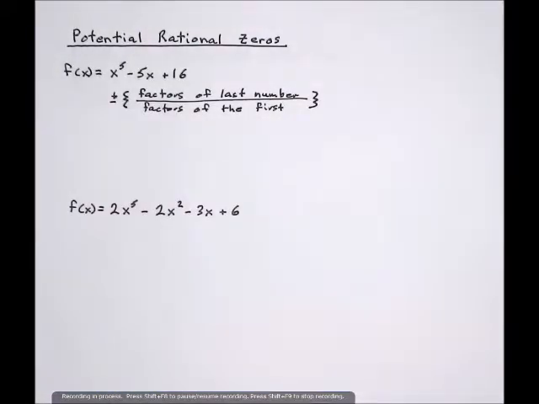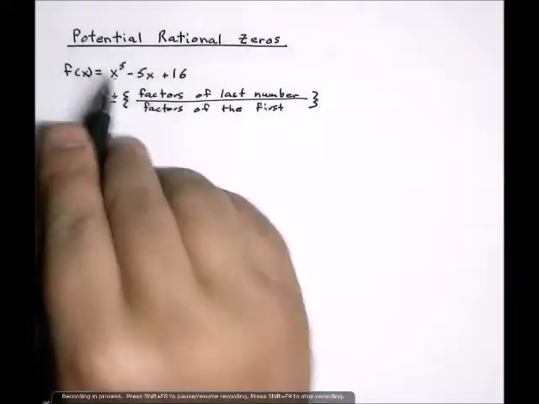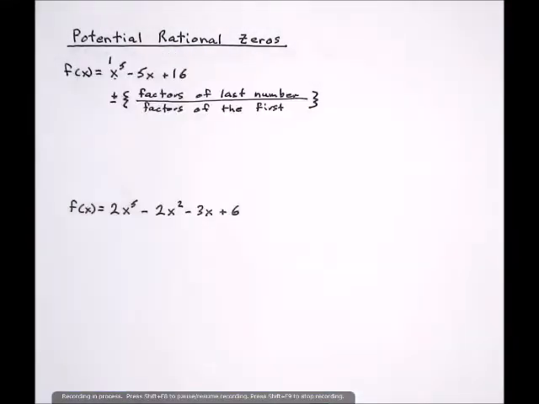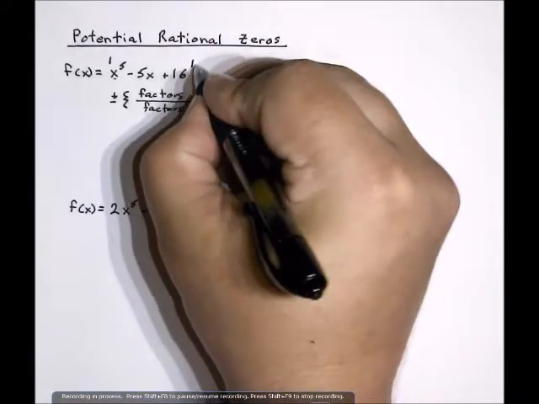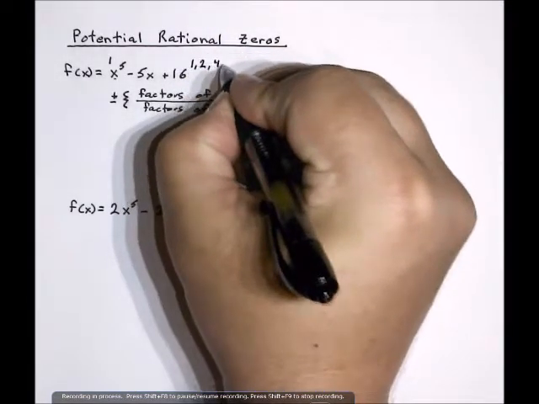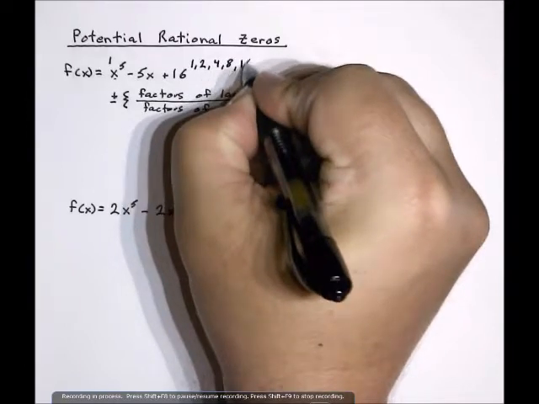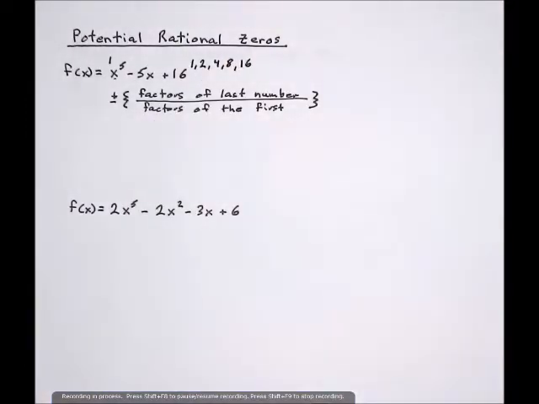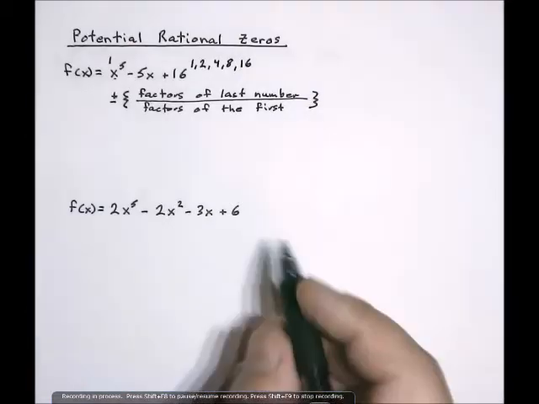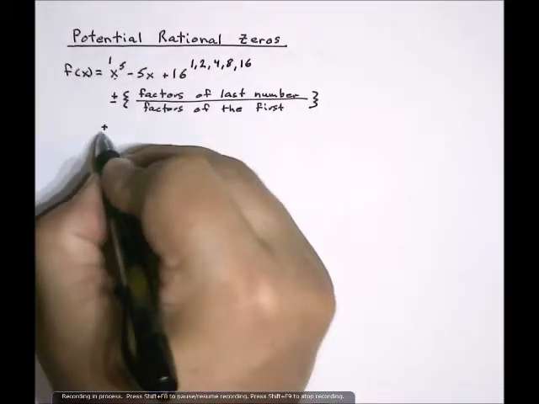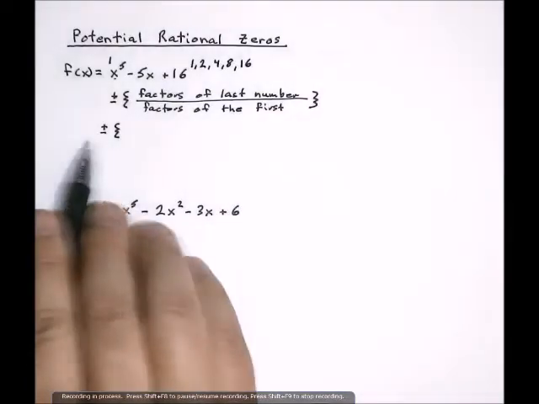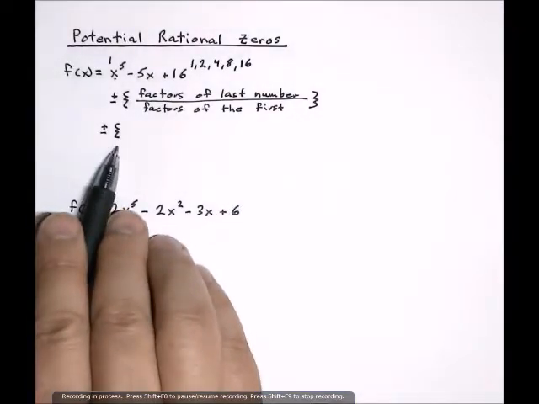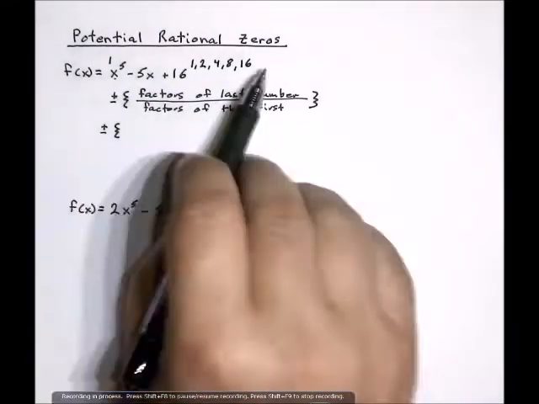So in this particular case, the factors of the first number are just 1. The factors of the last number are 1, 2, 4, 8, or 16. So all we're going to do to find the potential rational zeros is put our little plus or minus out there. And actually your MATLAB will do this part for you. You just have to fill in the blanks.